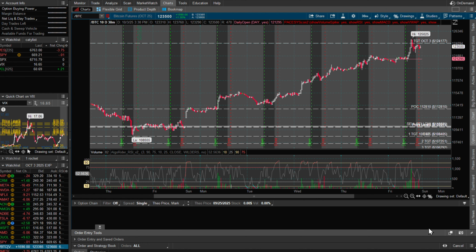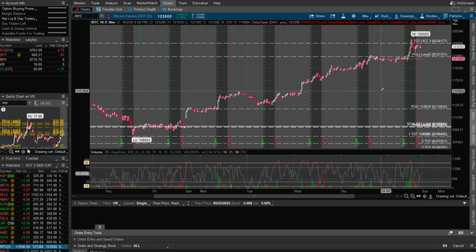What I do is I sit there and I create this line. When I send it to you, I put this line in to find out where its next support and resistance is.